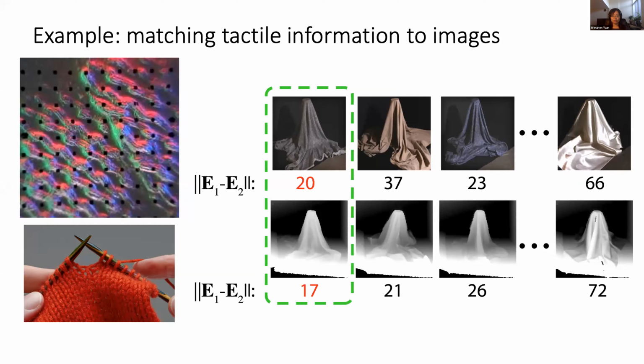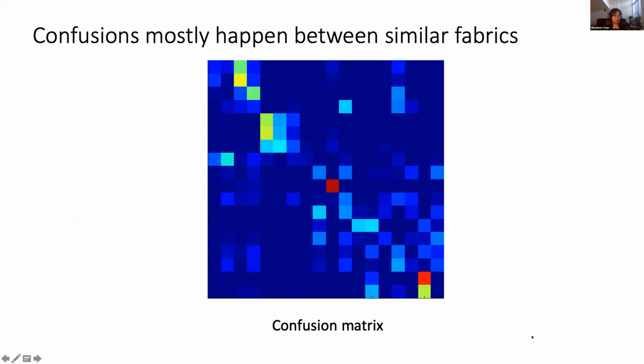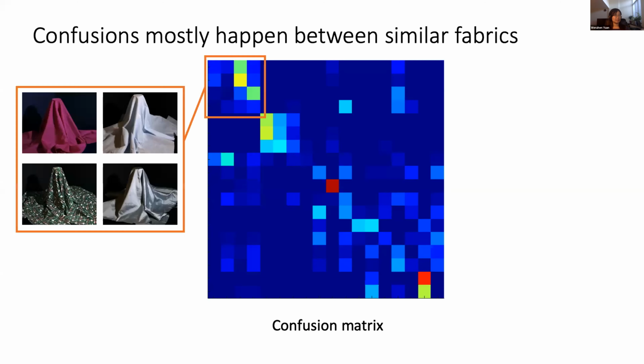We also compare the distances between the feature vectors across all 19 fabrics in our test data set. Here we reorder those materials according to the similarities of their properties in human perception. For example, these four of them, in human perception, we find they are kind of similar, so we put them together.